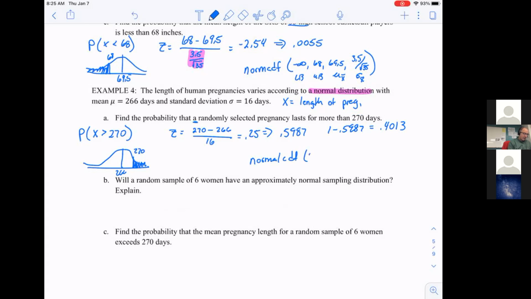My 270 is my left boundary. Infinity is my right boundary. Lower boundary, upper boundary, mean, standard deviation. Remember, if we use the formula, that replaces identifying the variables.